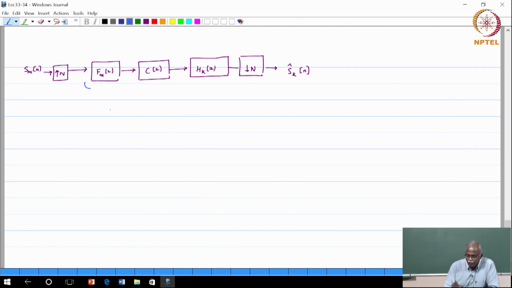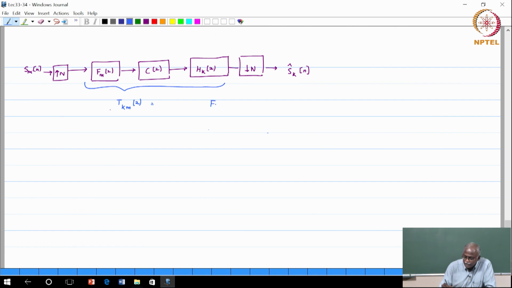Now, if I call this combination of these three filters Tkm(z), mth input, kth output, that is why I got T subscript k comma m. Let us write it in the sequence in which the filtering occurs.